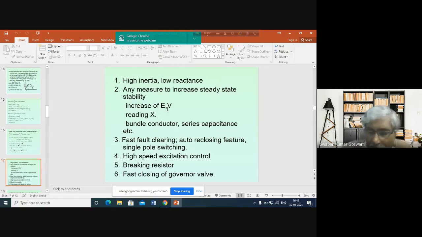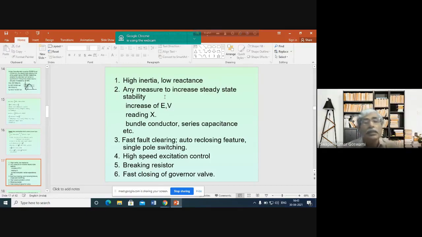That will not be permissible. Therefore, what best you can do for improving the steady state stability limit is to maintain the terminal voltage constant and accordingly adjust the field current such that the corresponding induced EMF is sufficient to maintain the constant terminal voltage that is required.